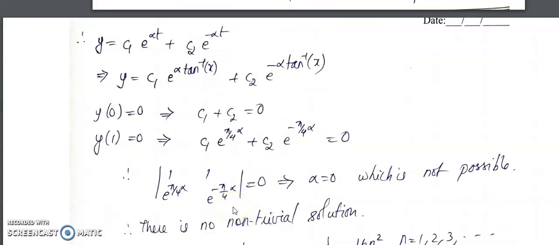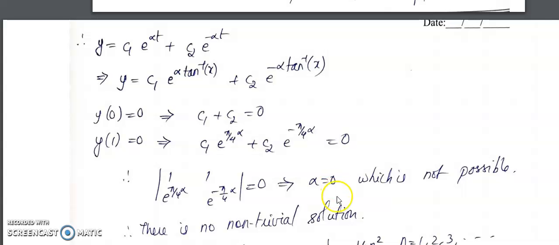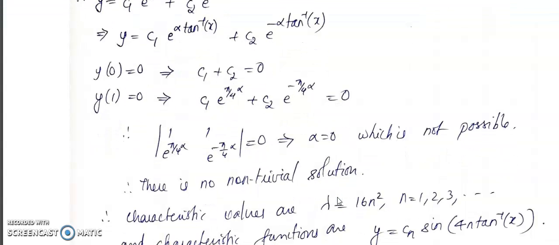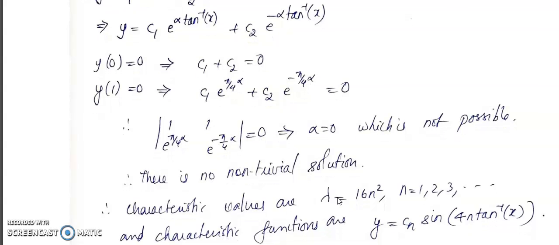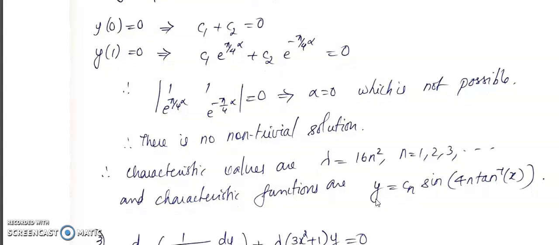Determinant equal to 0 would need alpha to be 0. So alpha cannot be 0 since lambda is not equal to 0. Therefore there will be no non-trivial solution. So the characteristic values will be lambda equal to 16n square, and the characteristic functions will be y equal to cn sin 4n tan inverse of x.